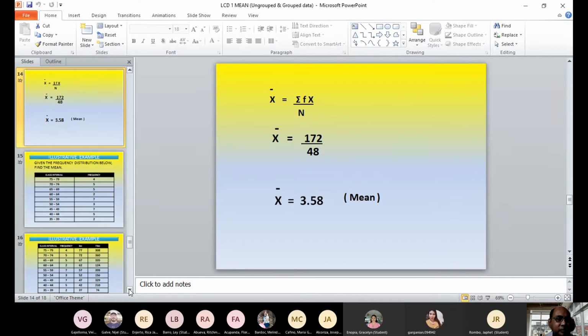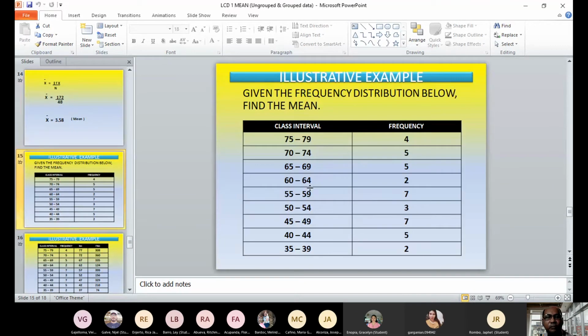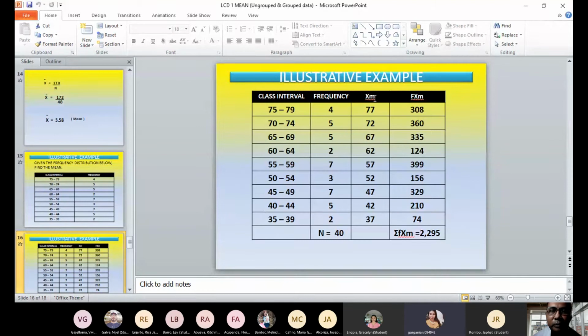Now, next problem. Given the frequency distribution table, find the mean. First, determine the class mark.